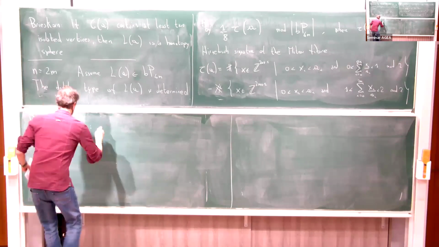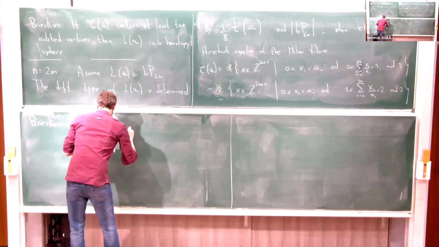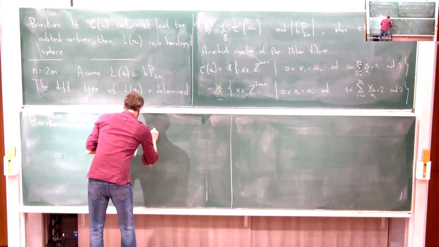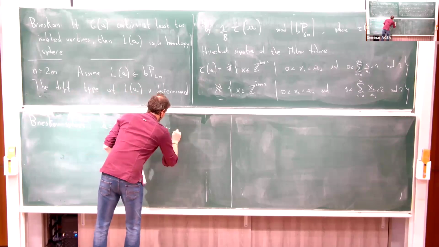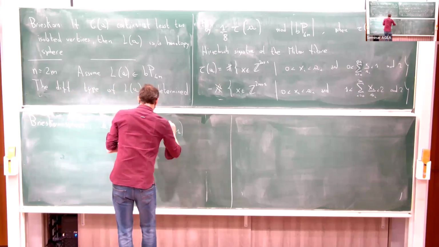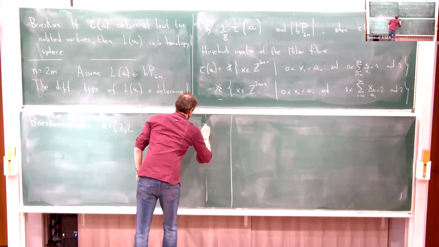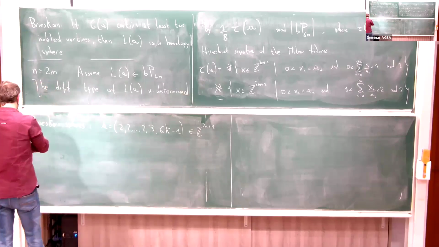And you just take A to be equal to 2, 2, all 2, then a 3, and then a 6k plus or minus 1, doesn't matter. So this is our element in 2m plus 1.